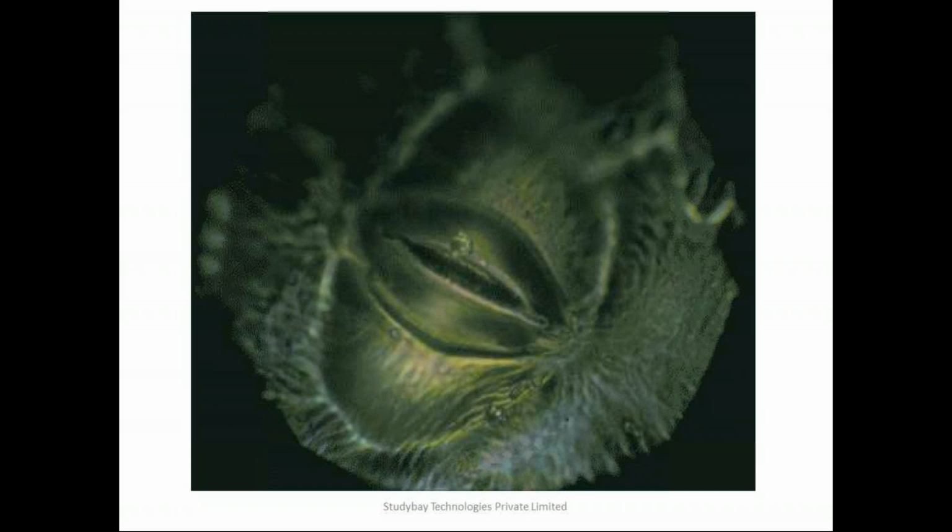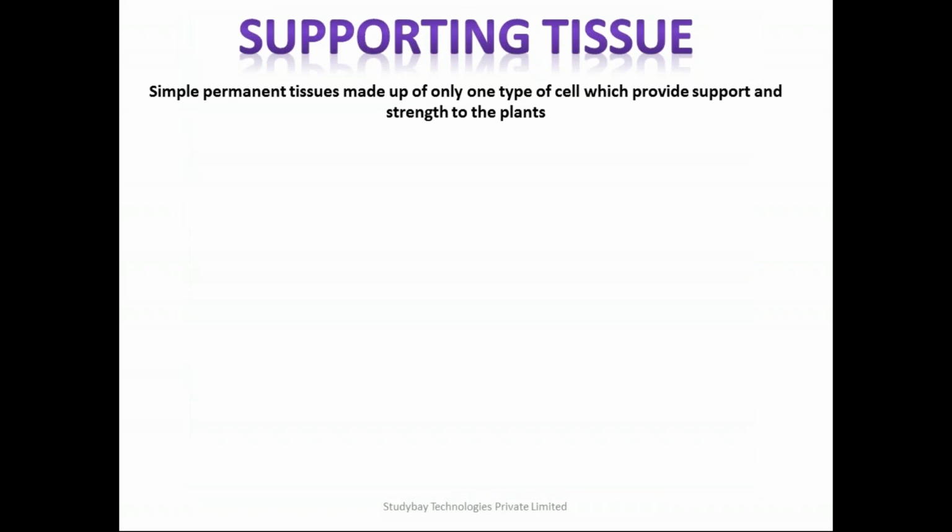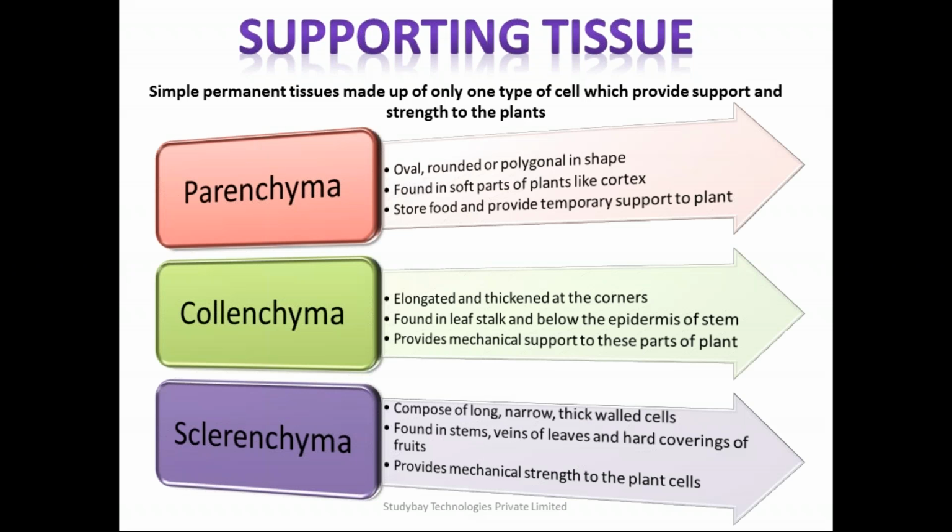Right? Moving forward, we have supporting tissue. Again, these are simple permanent tissues, made up of only one type of cell, which provides support and strength to the plant. These supporting tissues can be classified into three forms.